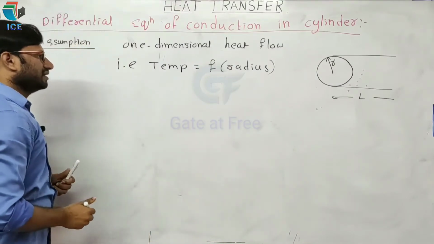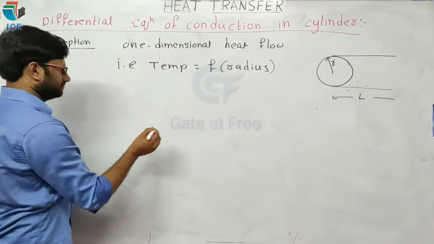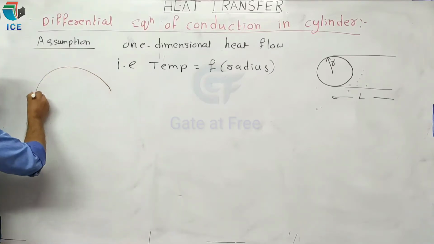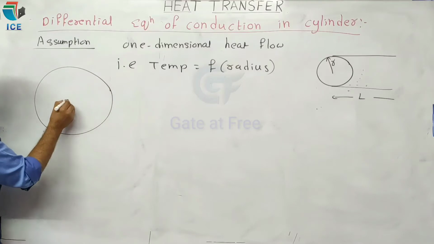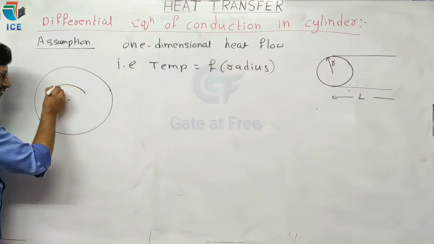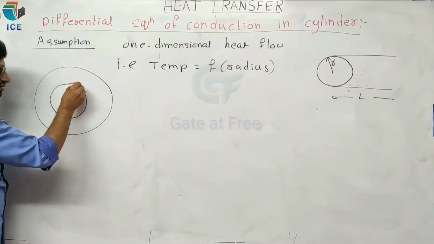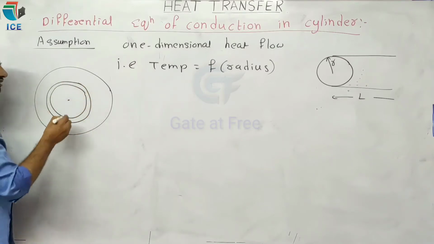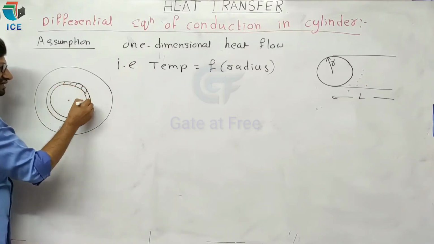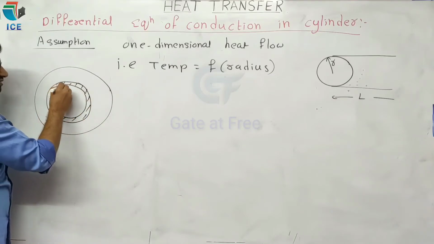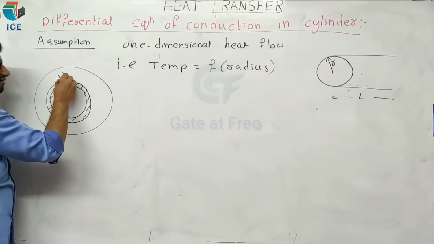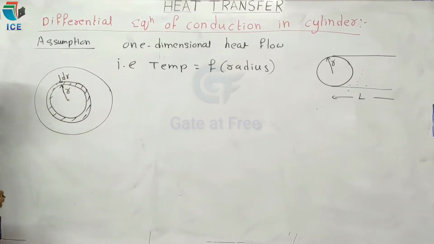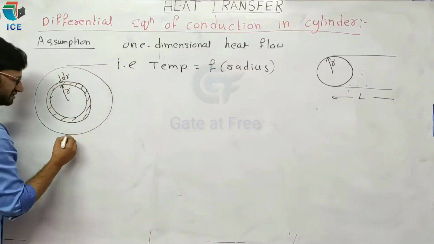Now consider a small cylindrical ring with a thickness of dr at some radius r. Okay, it has some length.